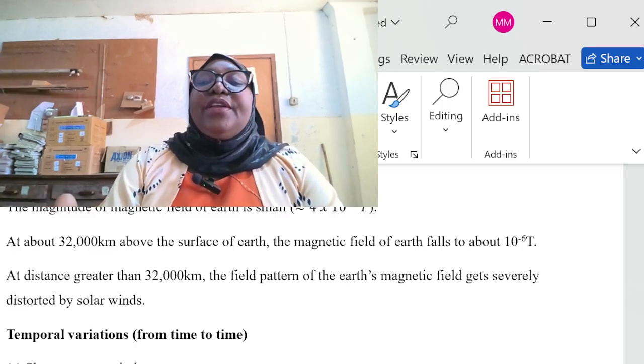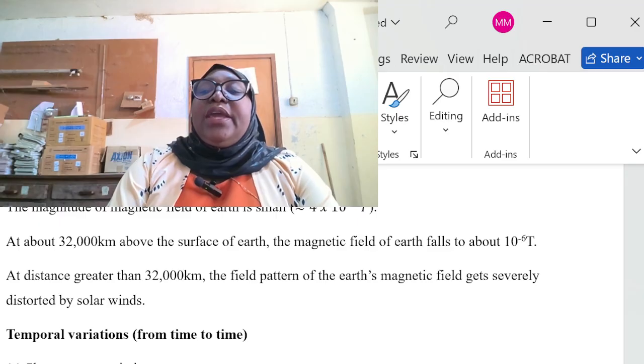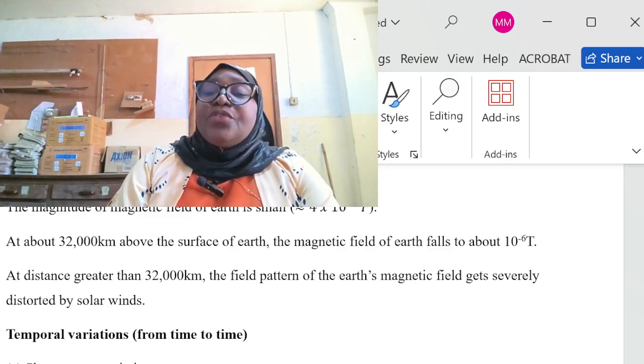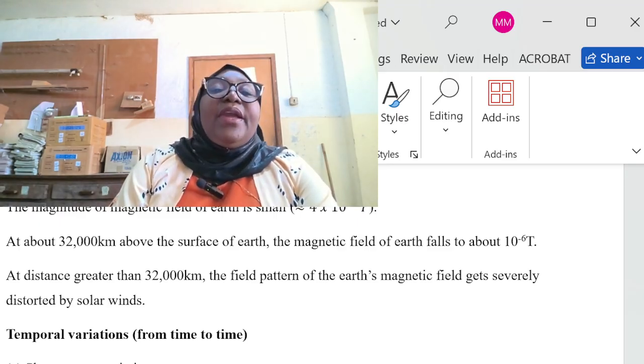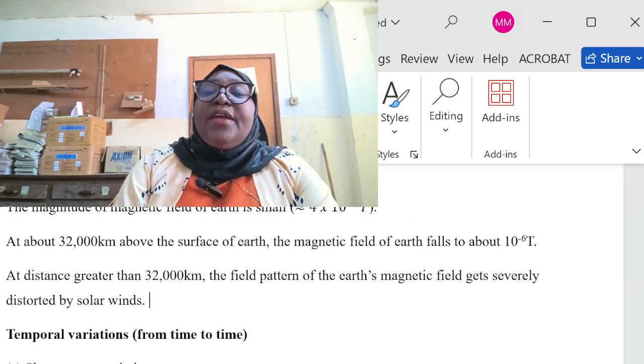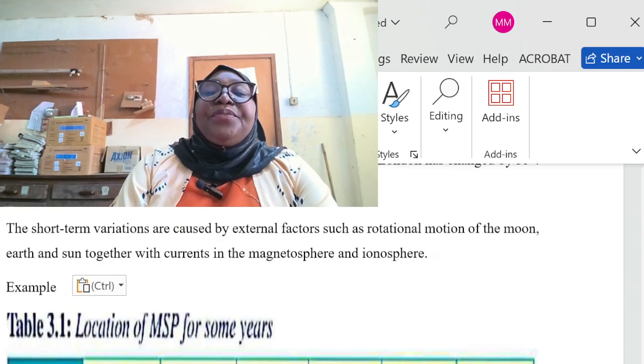Causes of the short-term variation are external factors such as the rotational motion of the moon and Earth, together with the currents in the magnetosphere and the ionosphere.